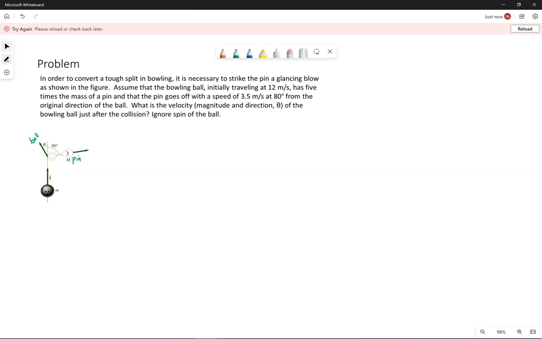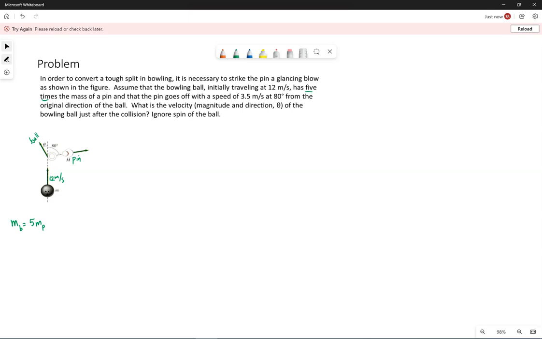So we are assuming this ball is traveling 12 meters per second initially, right before it hits the pin. It's telling us the mass of the ball is 5 times the mass of the pin.